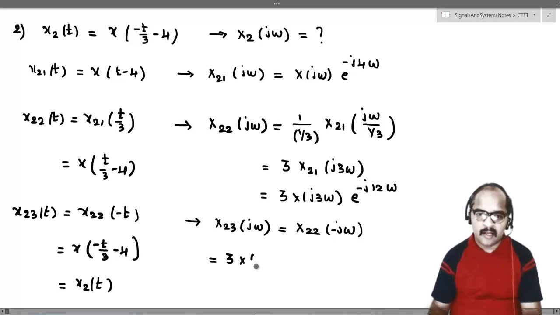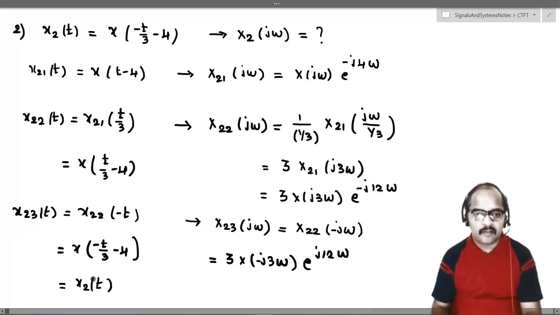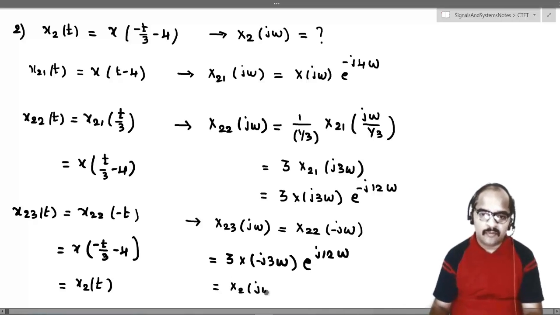You will get 3 times x of minus j3 omega. Here also we have omega, and hence you will get e power j12 omega. But we know that x23 of t is the same as x2 of t, and hence x23 of j omega should be equal to x2 of j omega. So x of minus t by 3 minus 4 will have 3 times x of minus j3 omega multiplied with e power j12 omega as the Fourier transform. Okay.